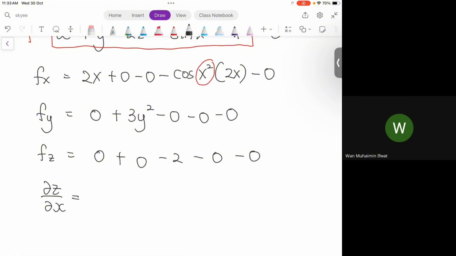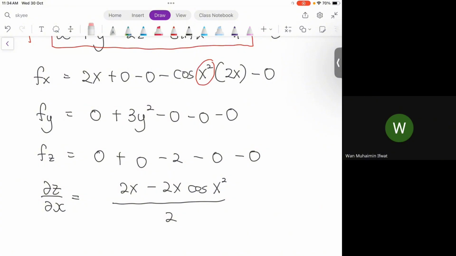The formula is minus fx, so minus 2x cos x squared, divided by negative 2. Maybe you want to cancel the negative 2. You can cancel it.